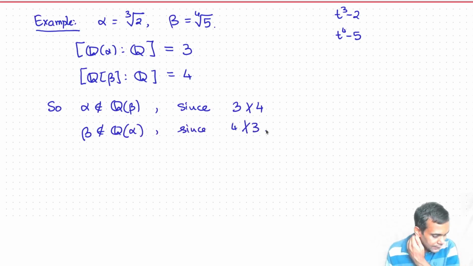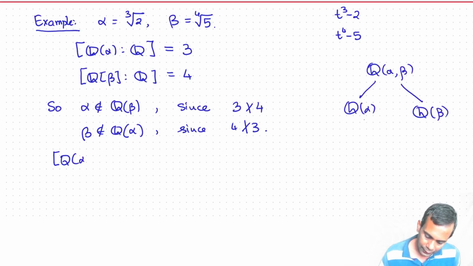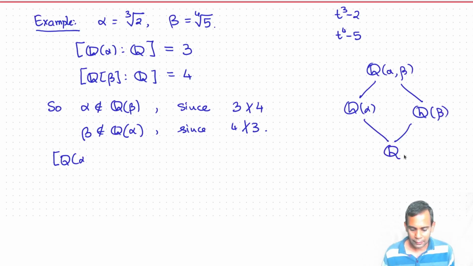Right? And what can we say about the field generated by both the elements, Q(alpha, beta)? It contains the field Q(alpha), it also contains the field Q(beta), and they both contain the field Q. This is called a diamond of fields.